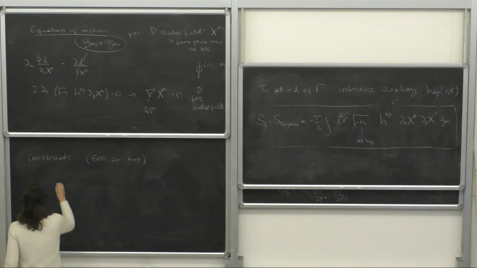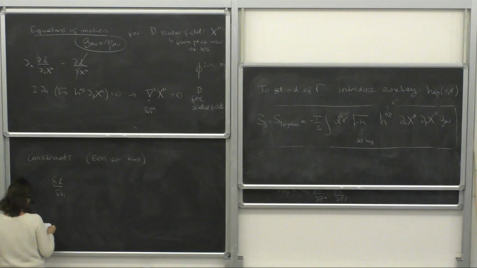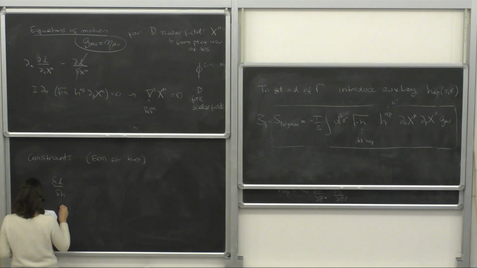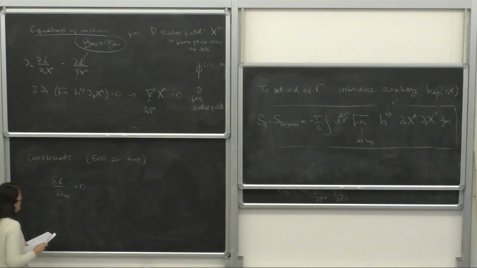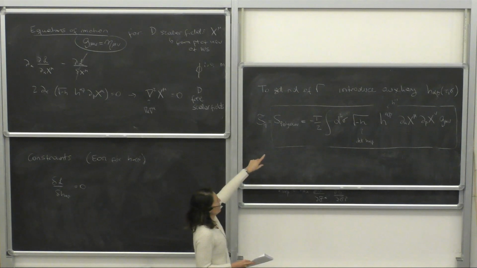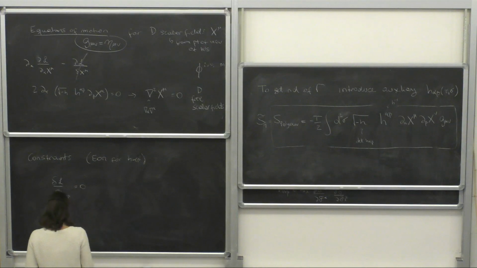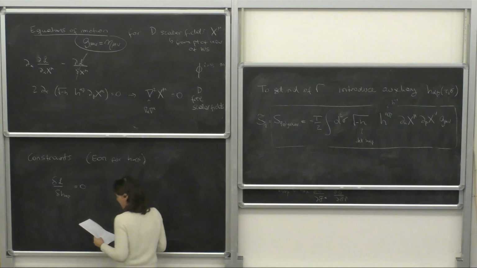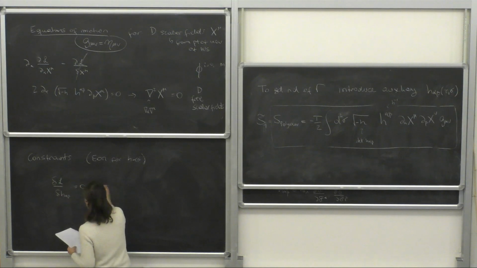So we also have the derivative of the Lagrangian with respect to H alpha beta, which should be equal to 0, and this was the first thing you had to do for the exercise, to show that the Polyakov action was equal to the Nambu-Goto action. I mean, this is easy to do.